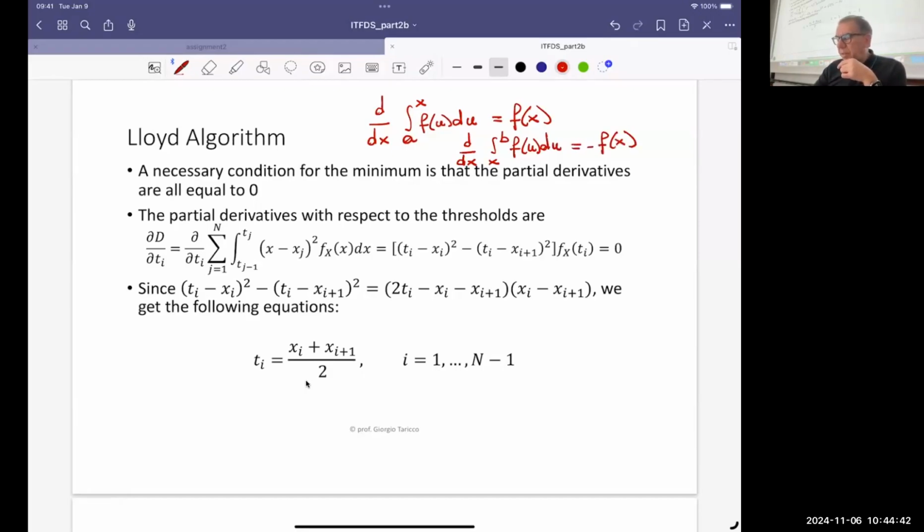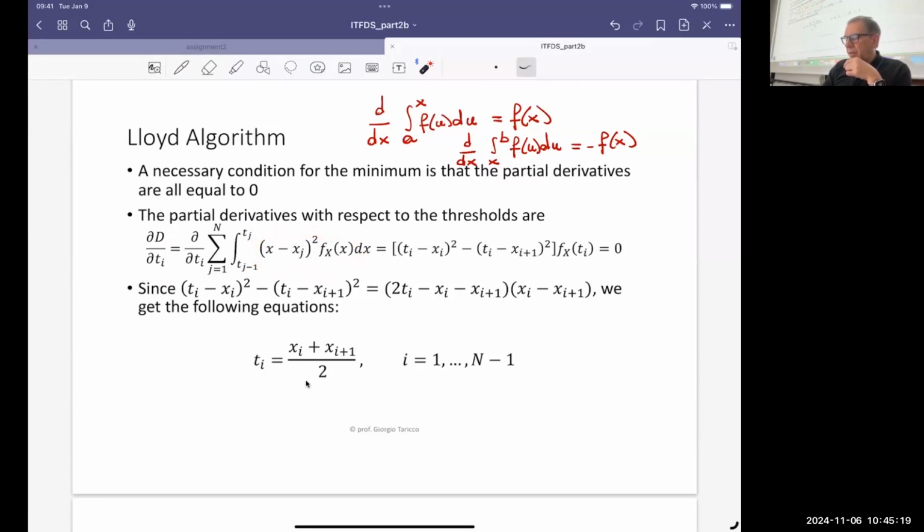Now, let's see when ti appears in one of these two positions. Well, when j is equal to i, ti appears as the upper limit. Only the upper limit, because the lower limit will be ti minus 1. And therefore, this contributes with the function that we want to integrate calculated in correspondence of ti.